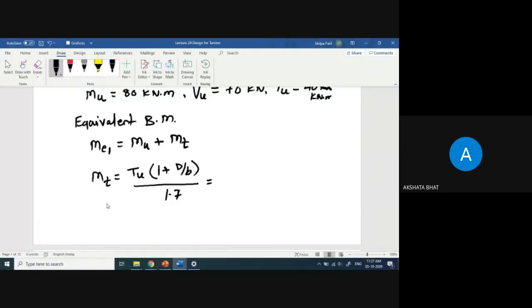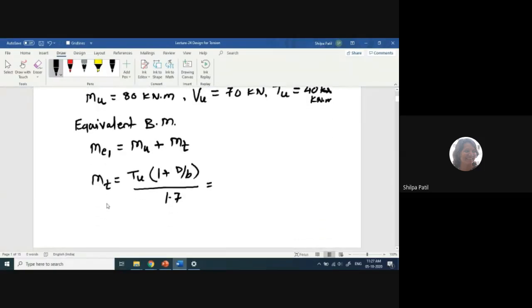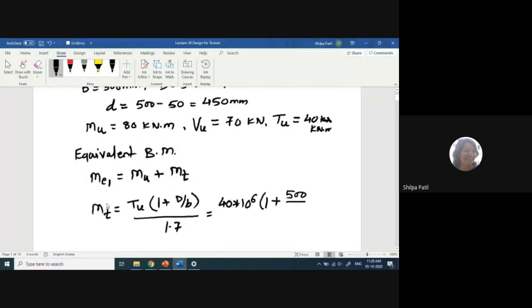Yes, ma'am. So put the values. All values are known to us now. Tu value is given as 40 kilonewton meter, so I will convert this into newton mm. So 40 into 10 raised to 6 into bracket 1 plus D, which is 500, divided by b, which is 300, divided by 1.7.